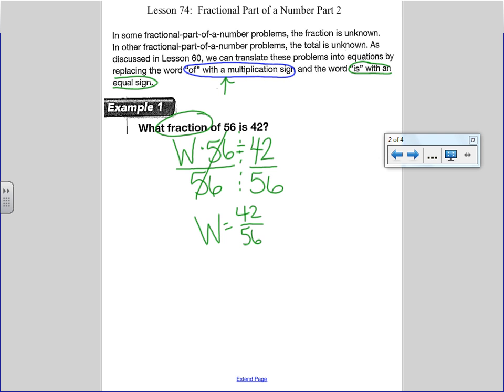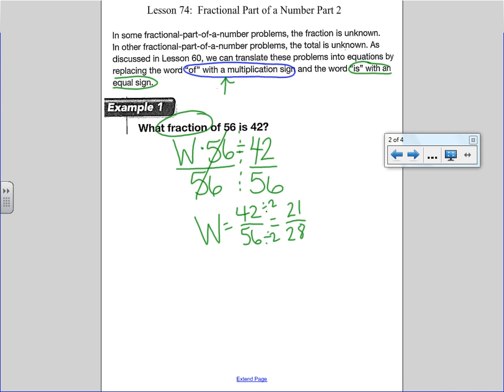Second of all, this can be simplified. So, what could I simplify this by? First of all, we know that they're both even, so we'll start by dividing by 2. So if I divide by 2, top and bottom, I have 42 divided by 2 is 21, and 56 divided by 2 gives us 28.